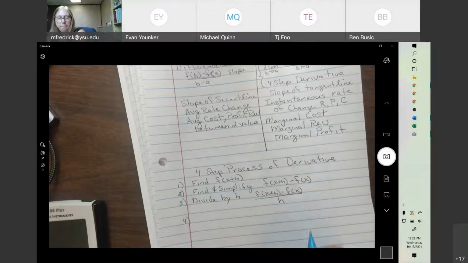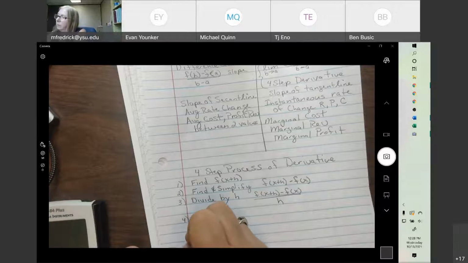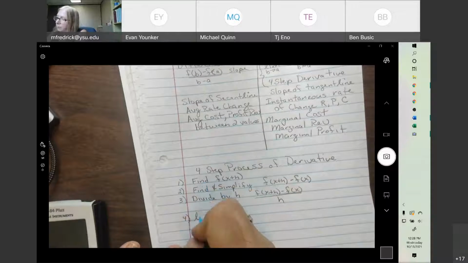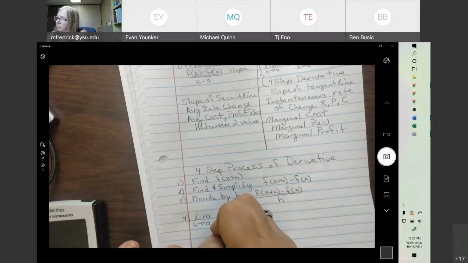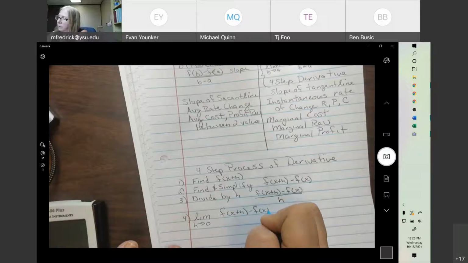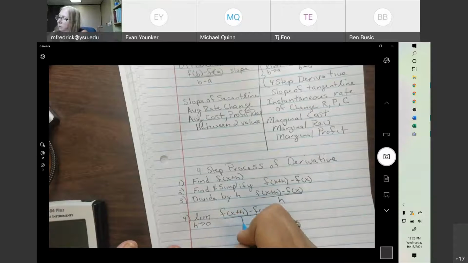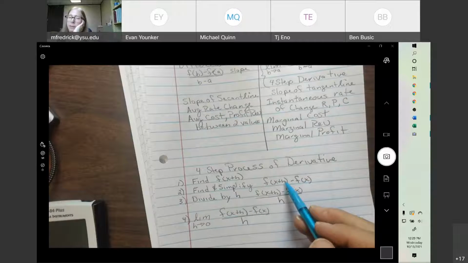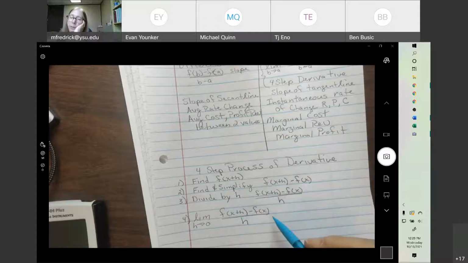And lastly, take the limit as h approaches 0 of f of x plus h minus f of x all over h. Now, depending on the problem, if this doesn't simplify, then I do the whole step at once.